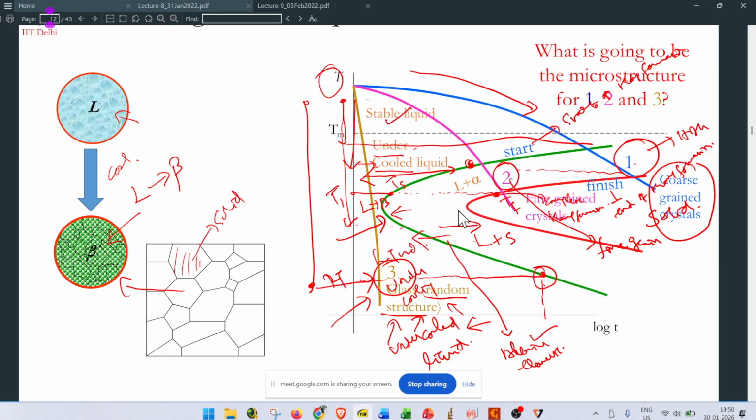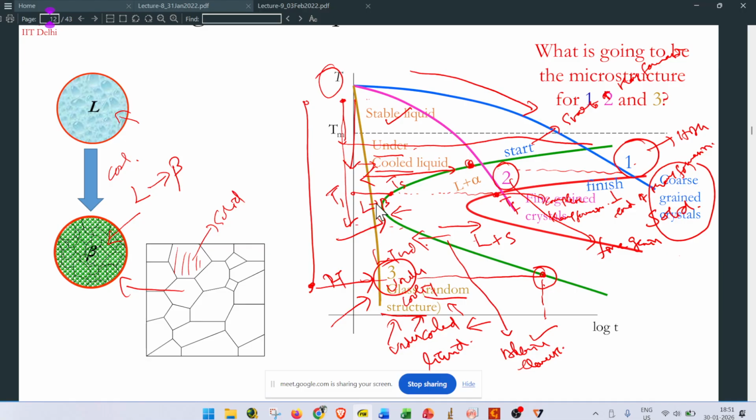Each and every curve, starting curve and final curve, has a nose point, right? Yes, the nose point will be the same. If you make a parallel line here, it will touch the same point only. This is the starting region, this is the ending region. In between, how many C curves there are doesn't matter, because all follow the same y-axis. Here the x-axis is time, the y-axis is temperature.